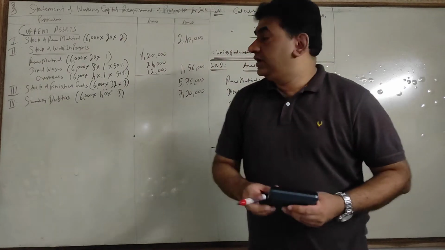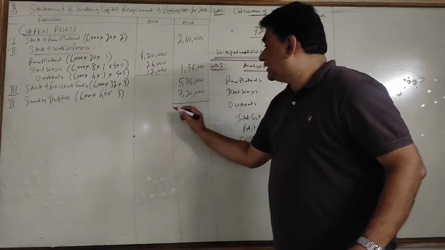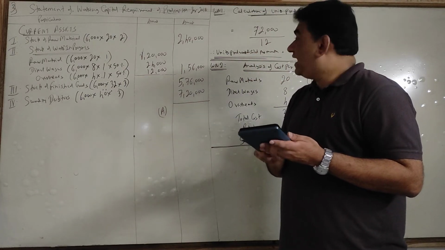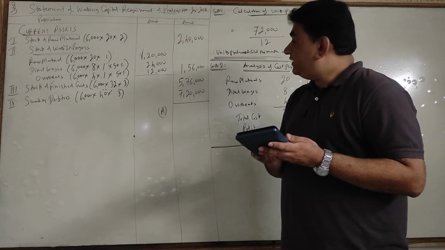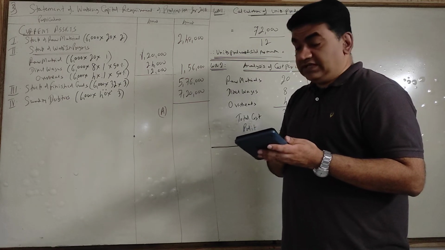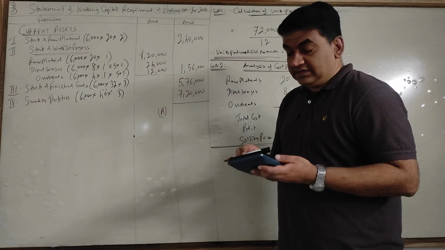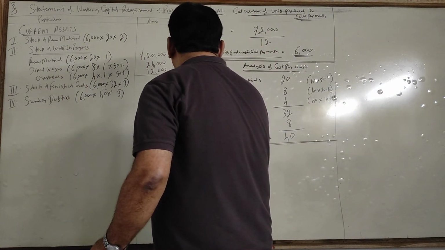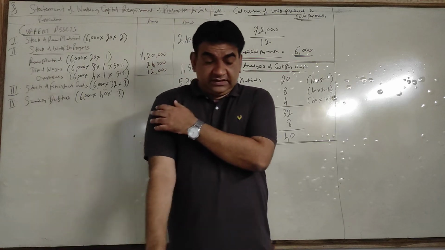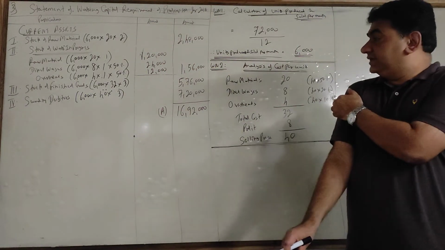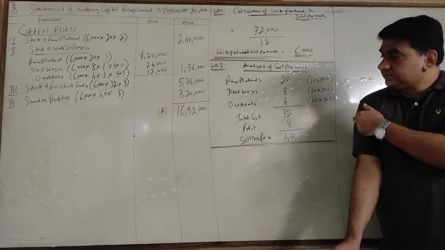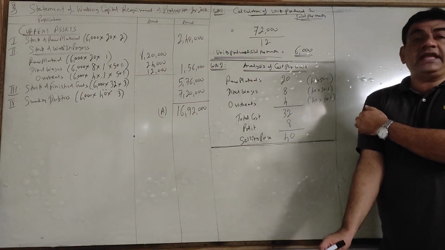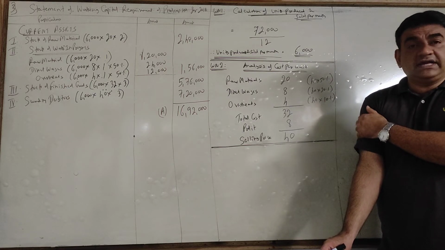So what you do, take the total of this and call it A. So 2,40,000 plus 156 plus 576 plus 720 gives you 16,92,000. In your SY we used to use the word gross working capital, alternate word total current assets.